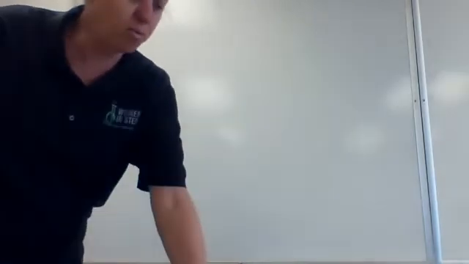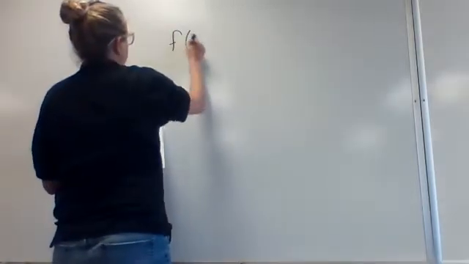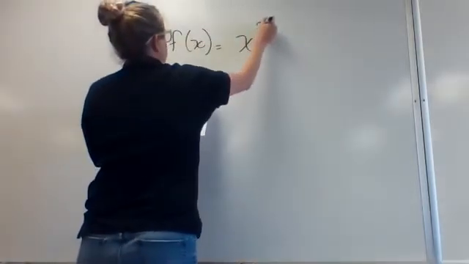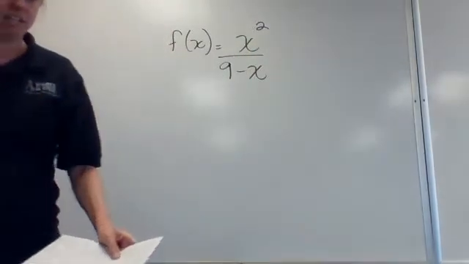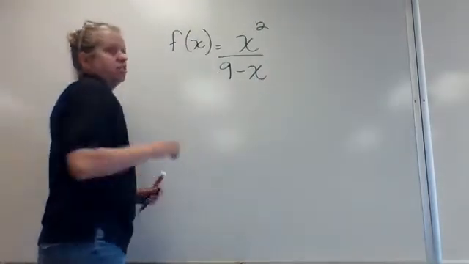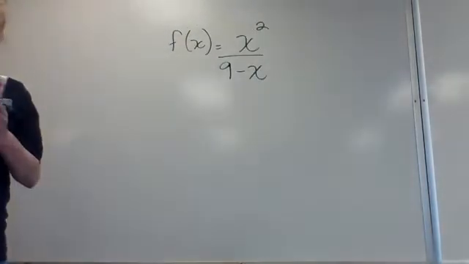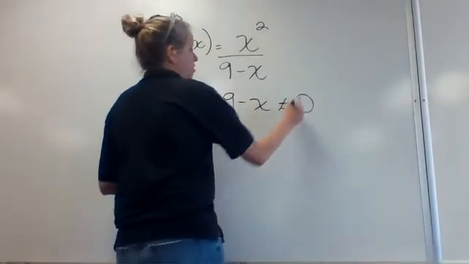Okay, so on number 1, you have f of x equals x squared over 9 minus x. So I want to find out what makes that denominator 0, right? It can't be 0. So 9 minus x cannot be 0.